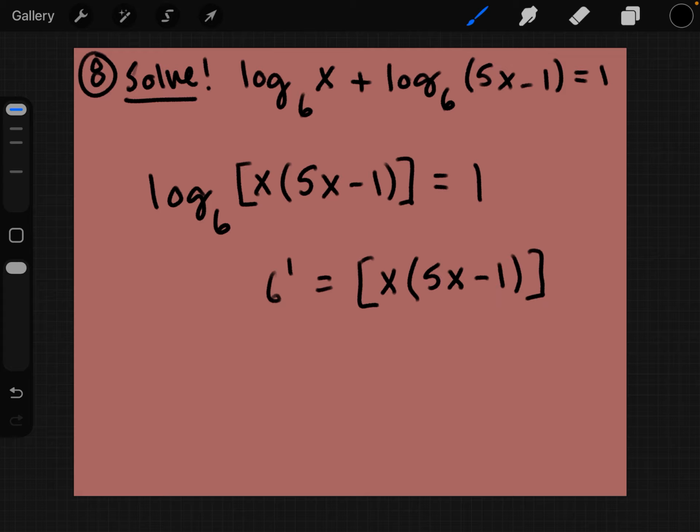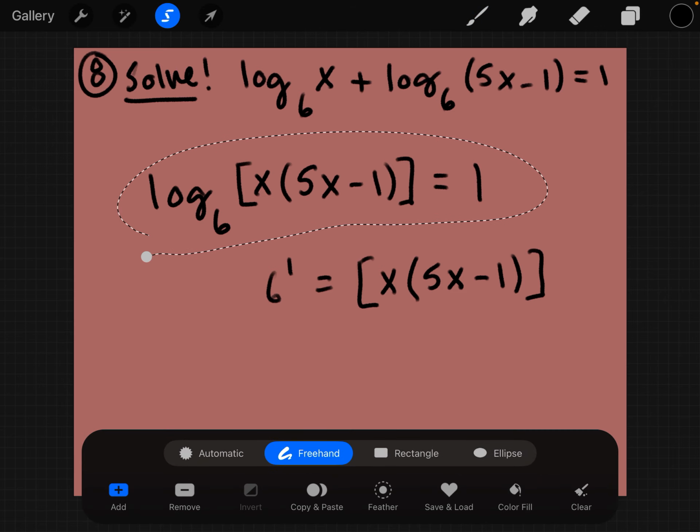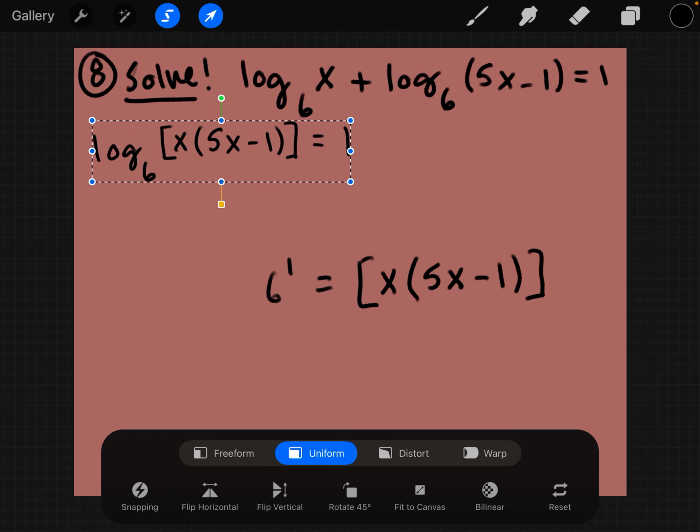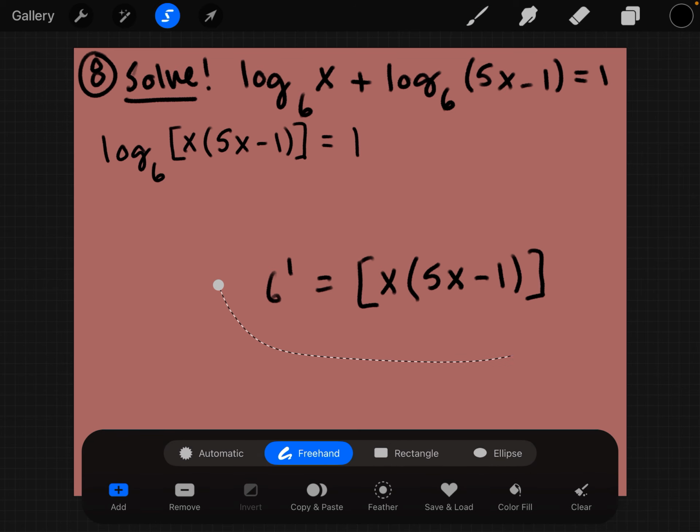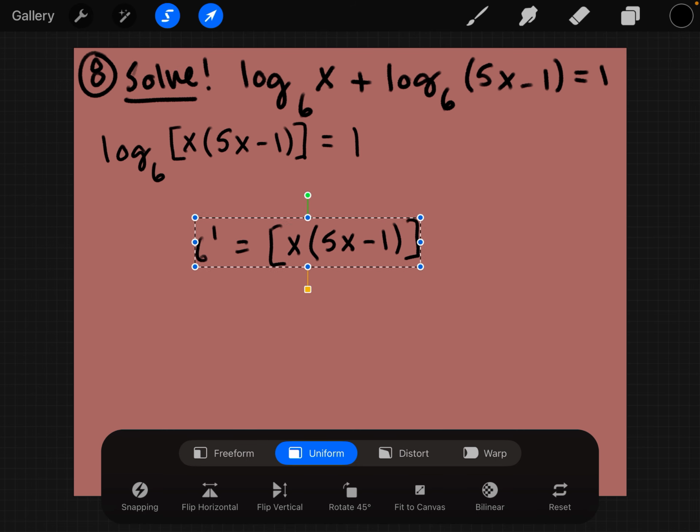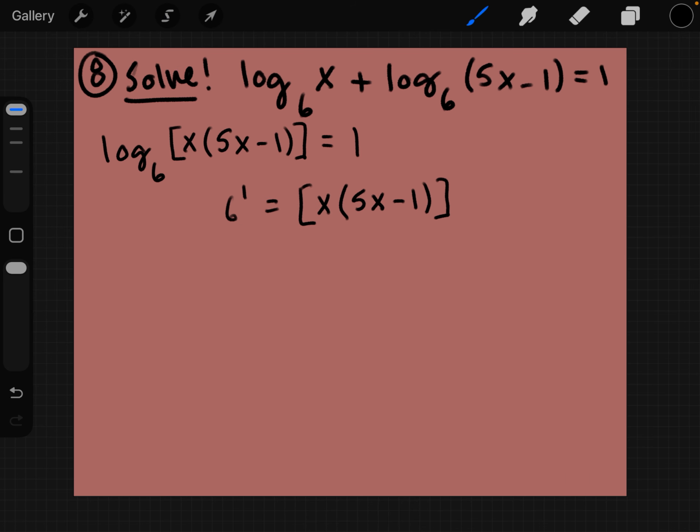So now we just continue. Okay. 6 to the first power is 6.